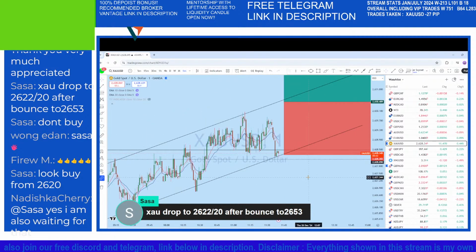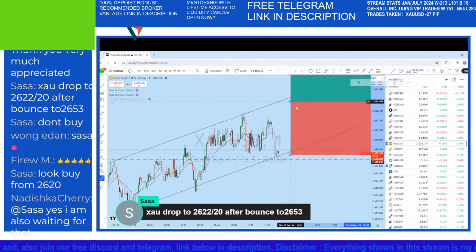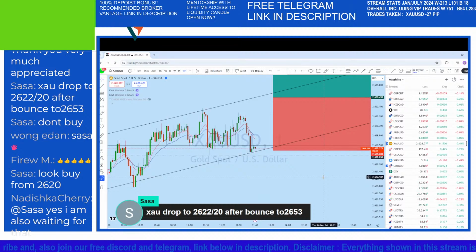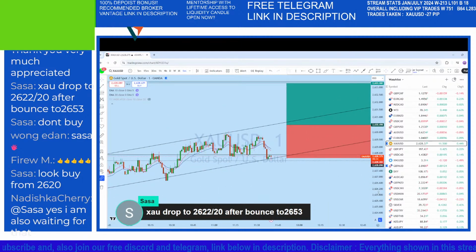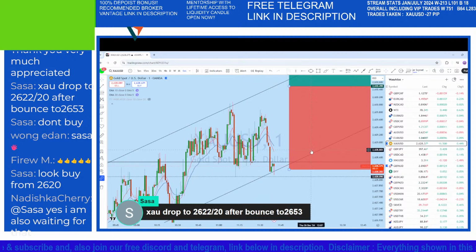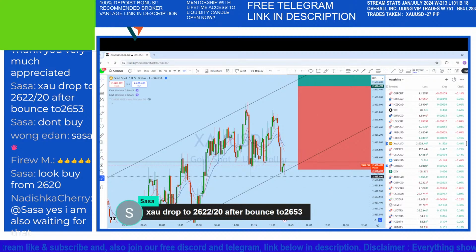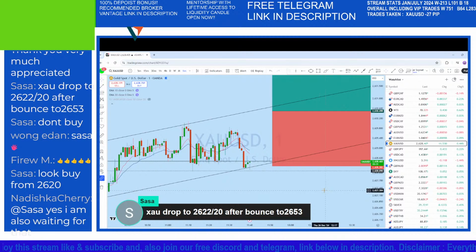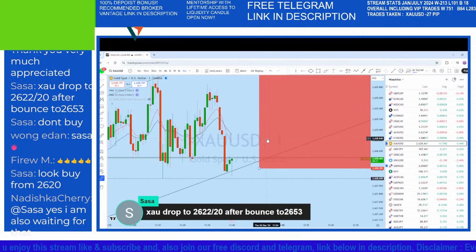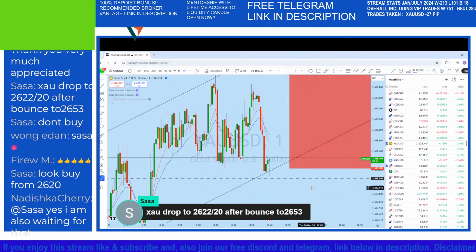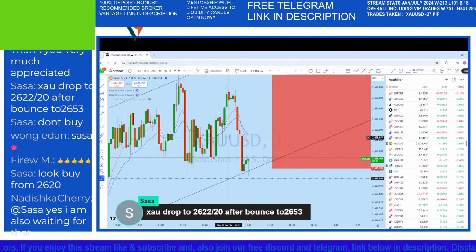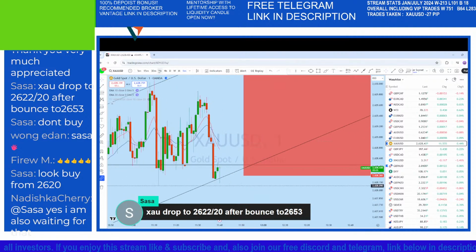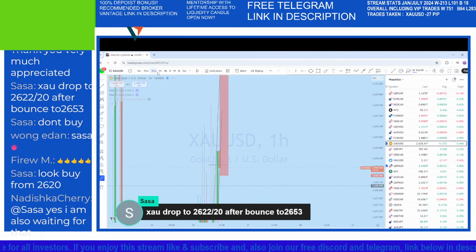Okay, so that drop is important. So it's forming a potential liquidity candle on the 1 minute. See what the market is doing.